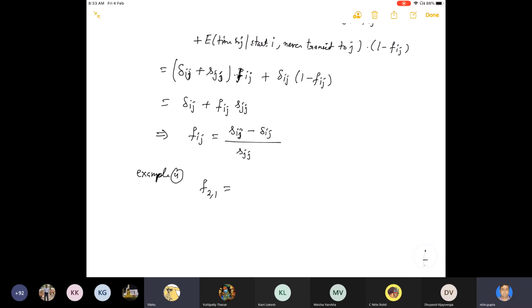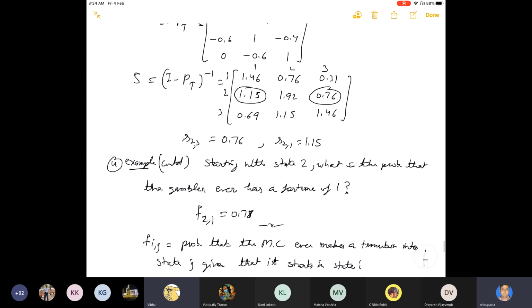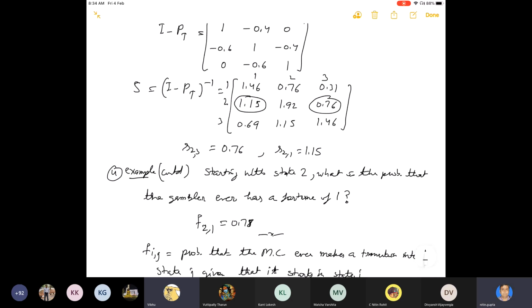So this will be S21 minus delta 21 upon S11. S21 we have already determined, 1.15.